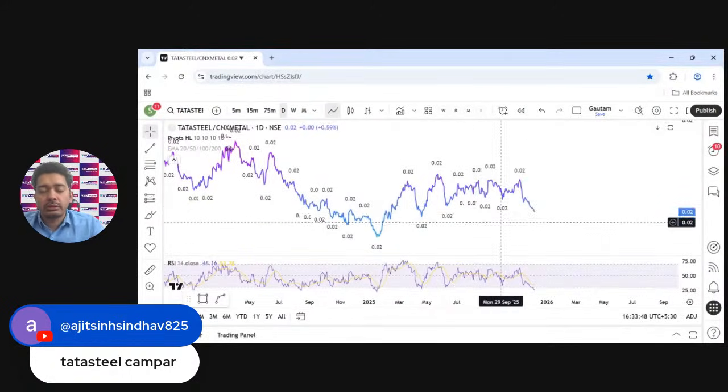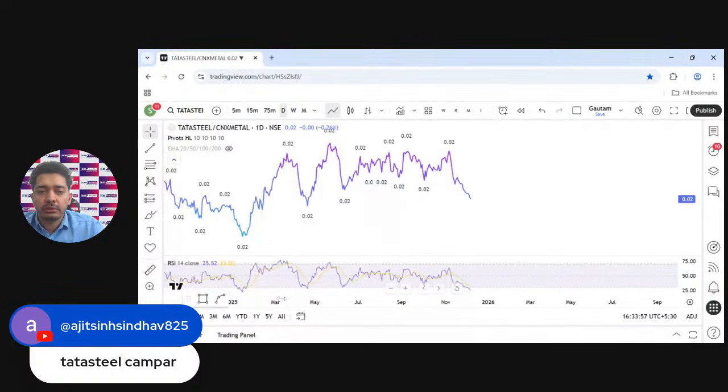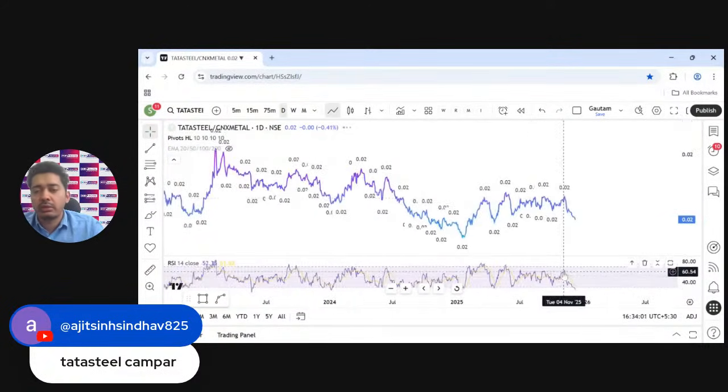So you can see within the metal space also Tata Steel has relatively underperformed. Over the last few trading sessions, we have seen a bit of underperformance from Tata Steel in comparison to the price action in the entire market.